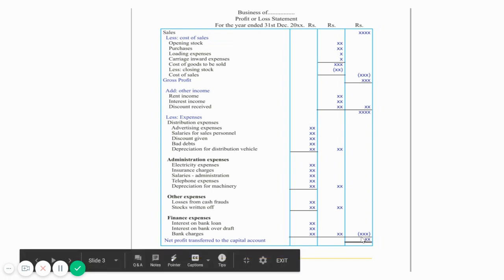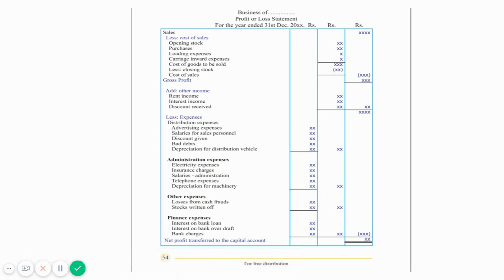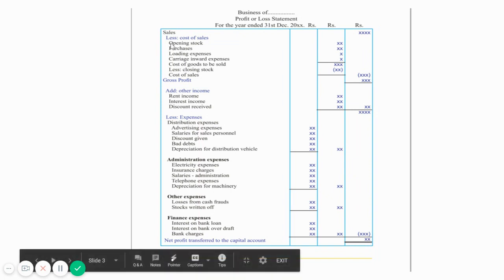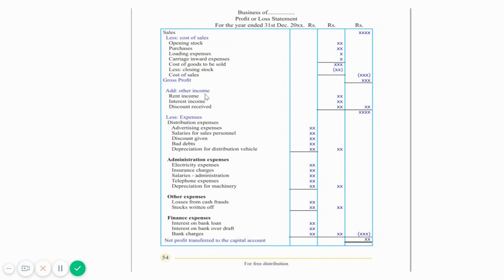So which I have shown in dark blue. The wordings that I have given in dark blue are very, very important, and they are the key wordings that you have to learn by heart at the time of preparing the profit or loss statement.